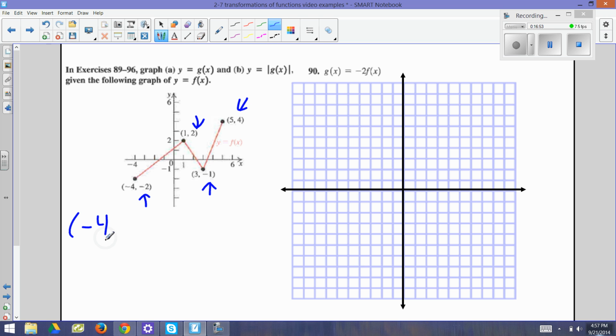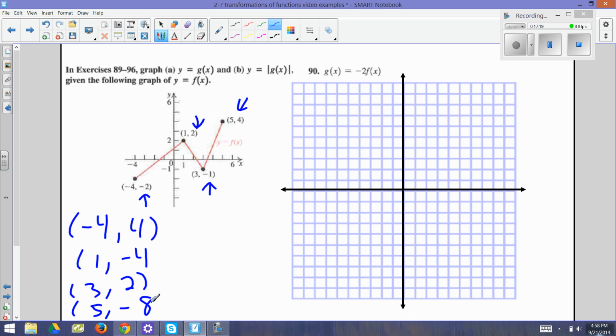So a -4, -2 becomes -4, change the sign to +2, multiply by 2 is 4. The next point, 1, 2 becomes -4. The point 3, -1 becomes 3, 2. And the point 5, 4 becomes 5, -8.